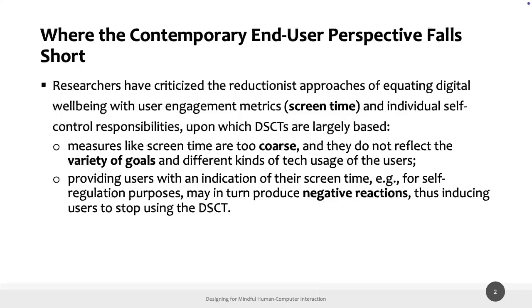There is another critical gap in the current view of digital well-being and digital self-control, which we discussed during the panel. And this is related to this approach of equating digital well-being with user engagement and screen time, and individual self-control responsibilities.